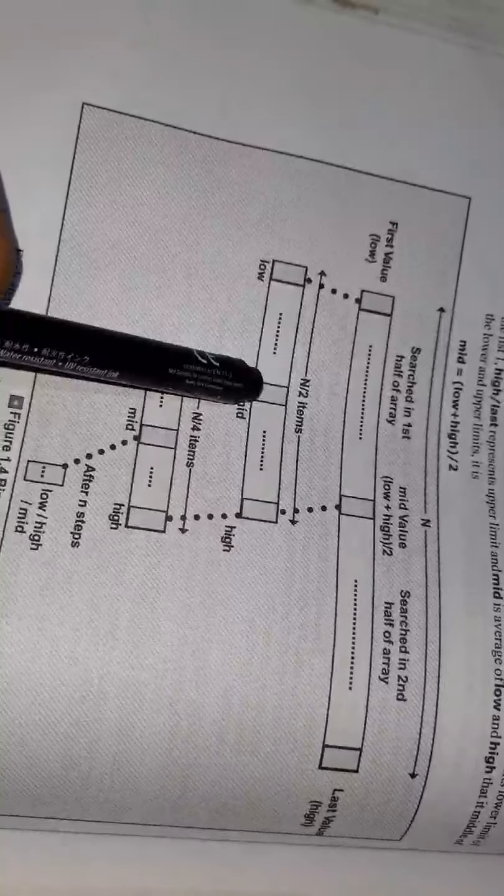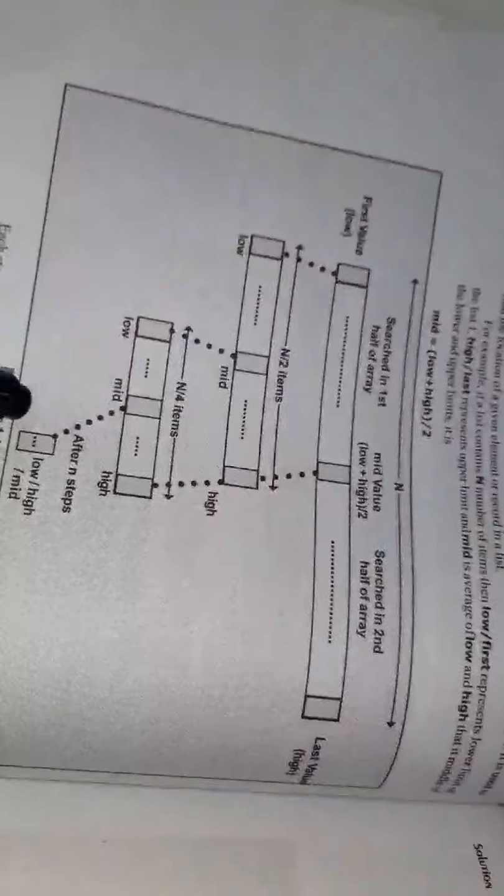You will find that 3 will become the mid value, and then 4 will become the high value, and from there you will find out that 3 is found. So that position will be found, and then you'll get the answer. That is how it works in binary search.